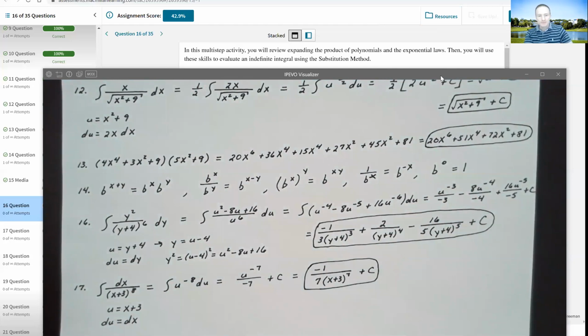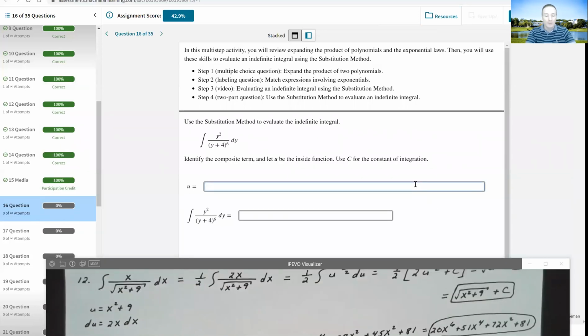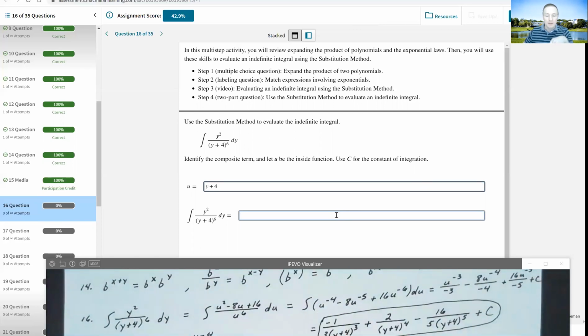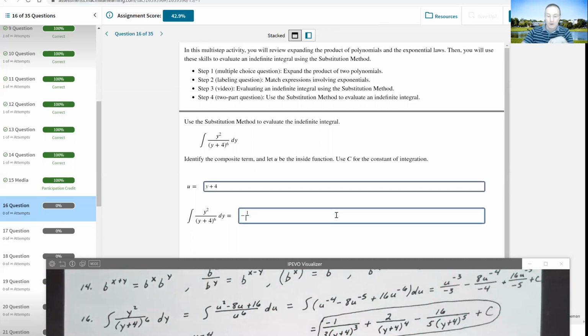So now, in answering this problem, it says identify the composite term. Okay, well, u is equal to y plus 4 in this problem. And then it says solve out for what that integral is equal to. Well, that's what we've just done here. I got this answer, so I'll type that in. It's my negative 1 over 3 times the group y plus 4, and we know that that's to the 3rd power.